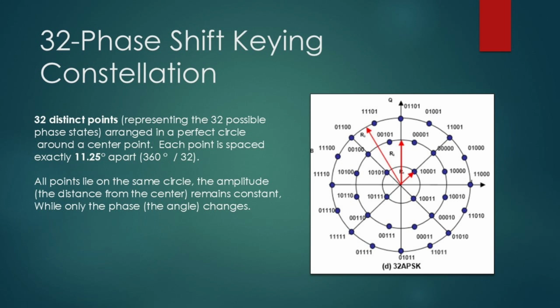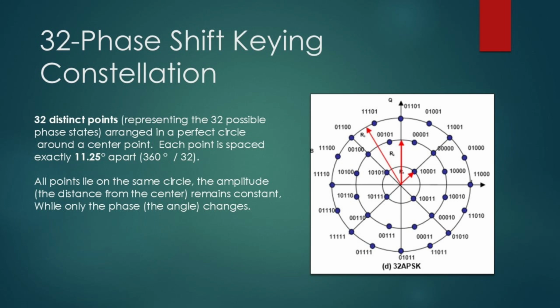In digital communications, a constellation is a 2D polar plot used to represent the different signal states of a modulation scheme like PSK. It maps the amplitude and phase of the carrier wave onto a complex plane where the x-axis represents the in-phase component and the y-axis represents the quadrature component.